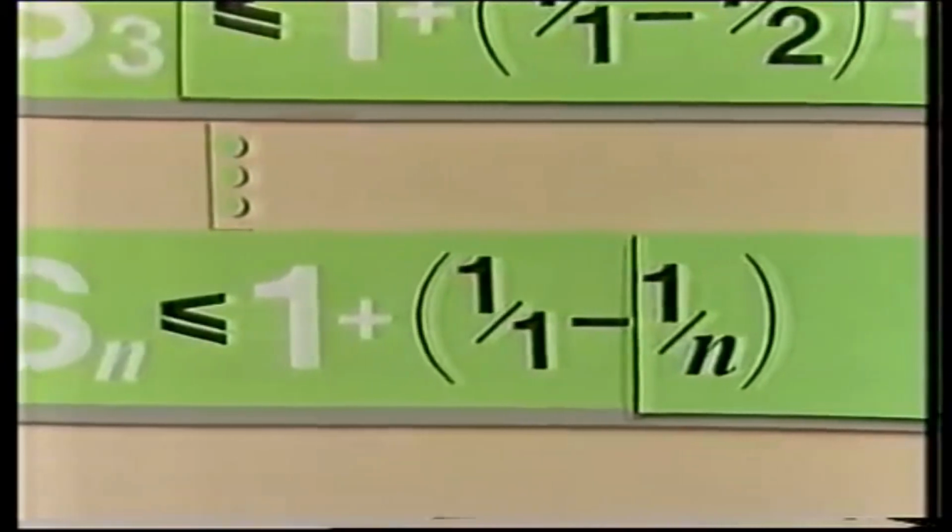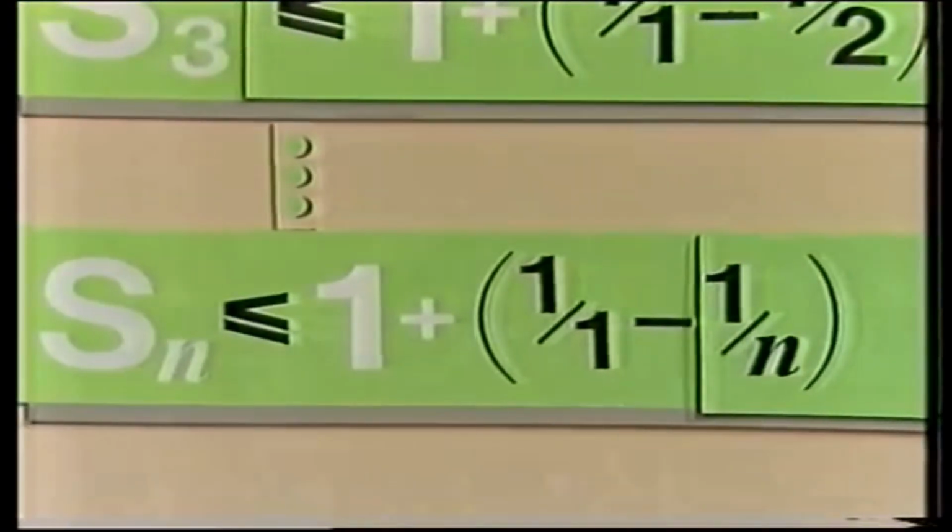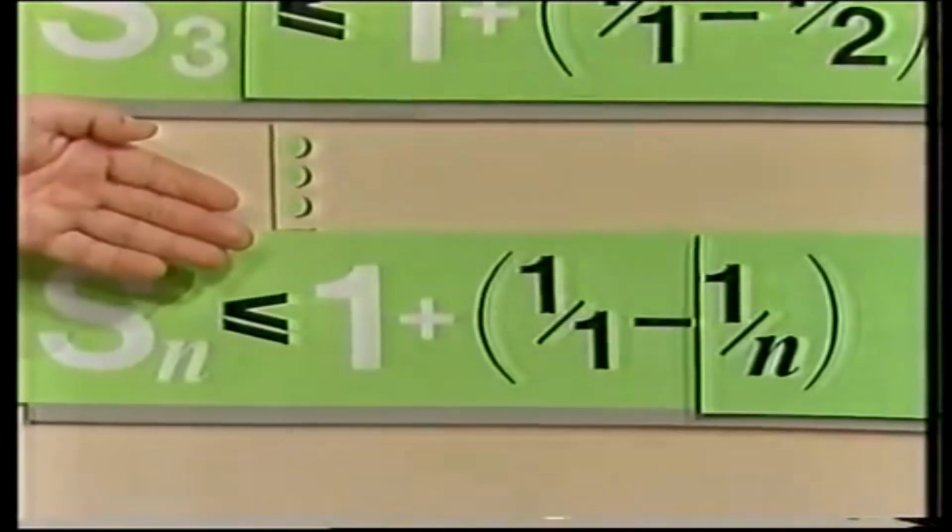And what you're left with are minus 1 over n still at the end, and the terms 1 plus 1 at the beginning. So Sn is less than or equal to 2 minus 1 over n, so that every Sn is less than or equal to 2.